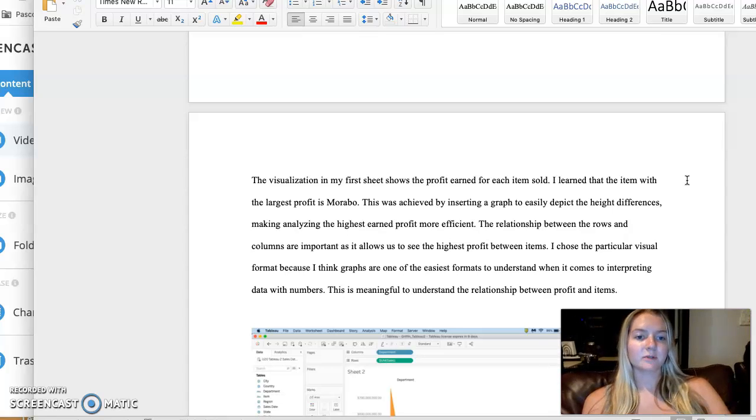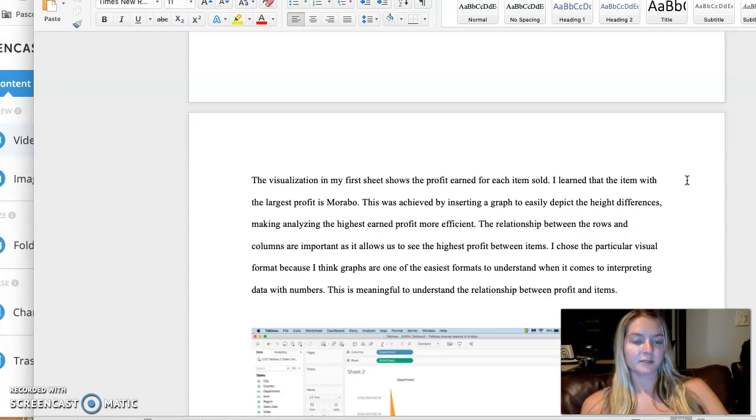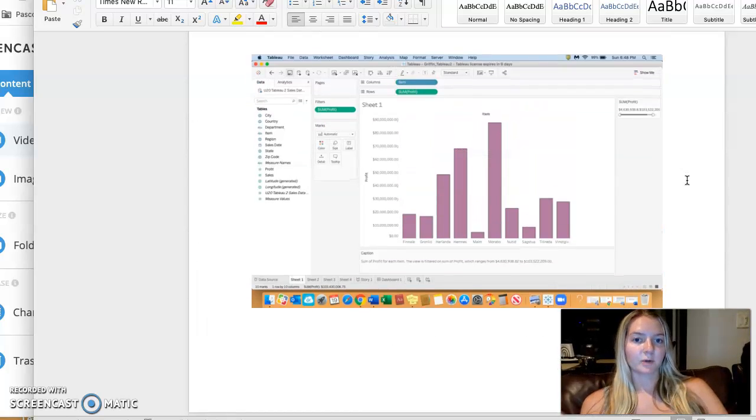The relationship between the rows and columns is important as it allows us to see the highest profit between items. I chose this particular visual format because I think graphs are one of the easiest formats to understand when it comes to interpreting data with numbers, and this is meaningful to understand the relationship between the profit and items, and I chose a purple color for that.